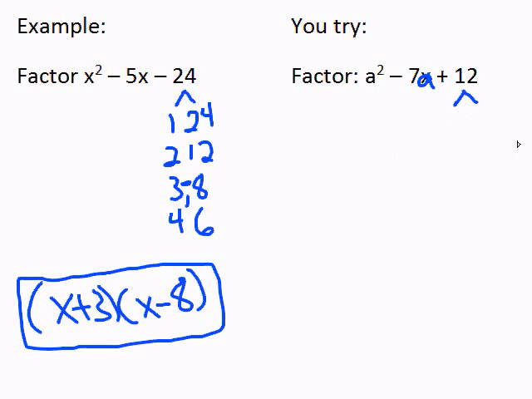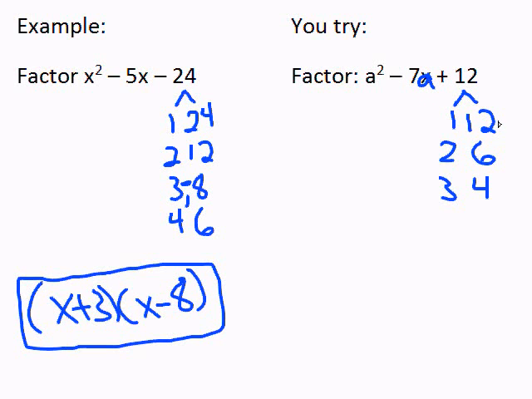Now, some of you may have been able to work this out in your head, but for right now, I'm going to list all of the factor pairs of 12: 1 and 12, 2 and 6, and 3 and 4. Now I need one of these pairs to somehow add up to negative 7. 1 and 12 will never add to negative 7.